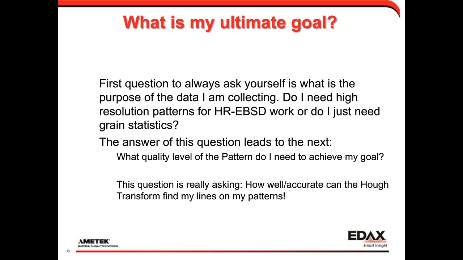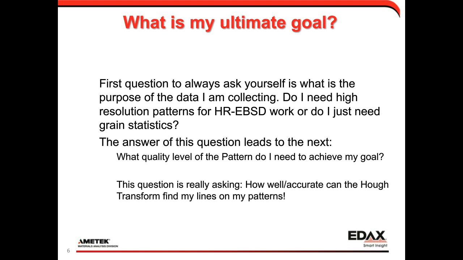If I'm not doing that kind of work, and I'm working more on grain statistics, I don't need that high quality of patterns. I can still find my grain boundaries. I'm still getting good orientation data. That's what I need. But the question that I'm really asking myself is how well and accurate can the Hough transform find the lines of my patterns? That's the ultimate goal here.